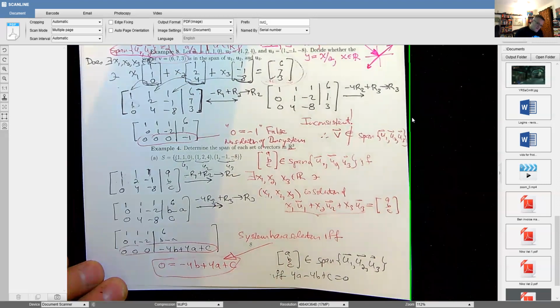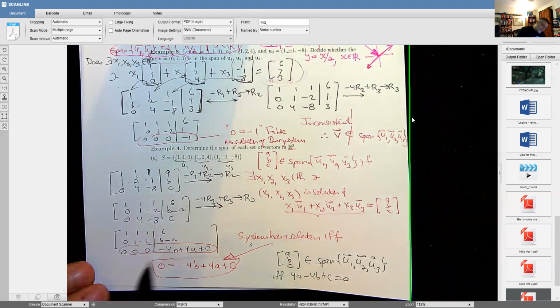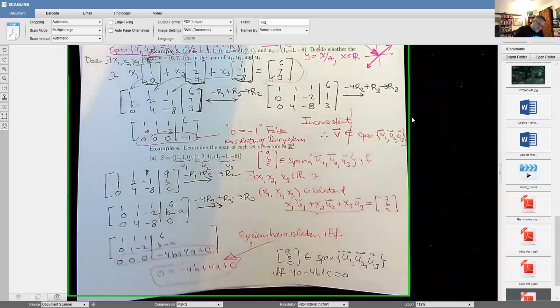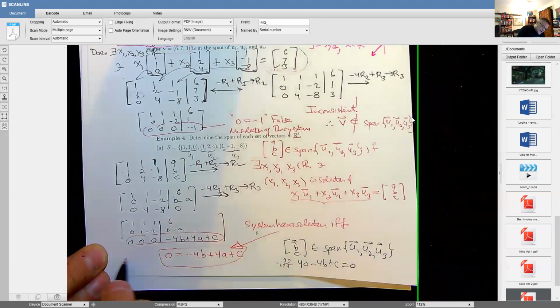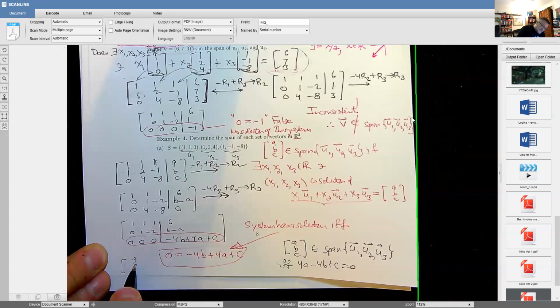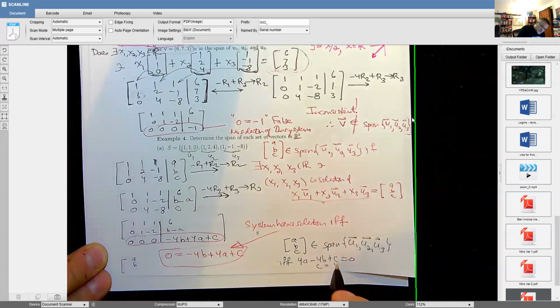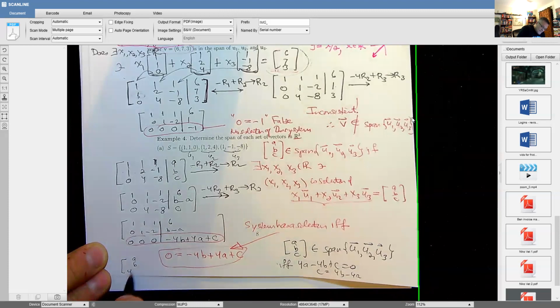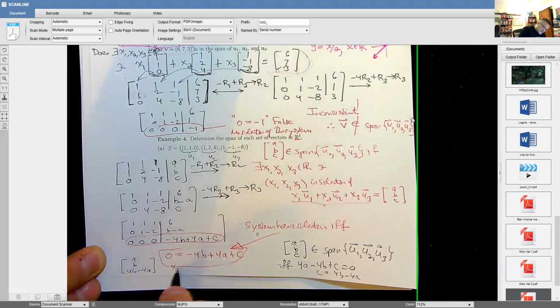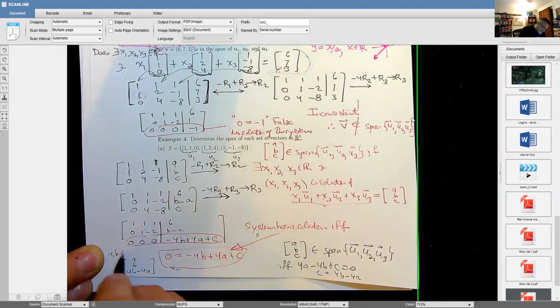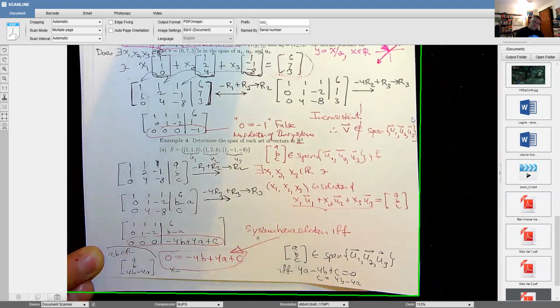Okay. But that determines a plane, right? Because if you look at the parametric form here, we have two parameters. So if the vectors look like this, we have A, B, and C, and if I solve for C, it is 4B minus 4A. So I have X equals A, Y equals B, and Z is equal to that, where A and B are both in R. Okay.